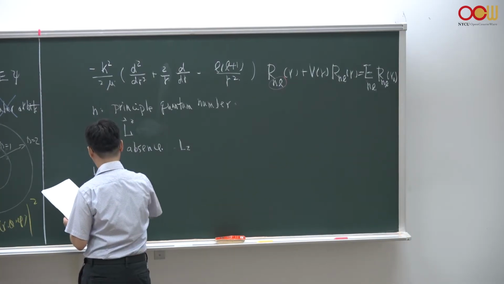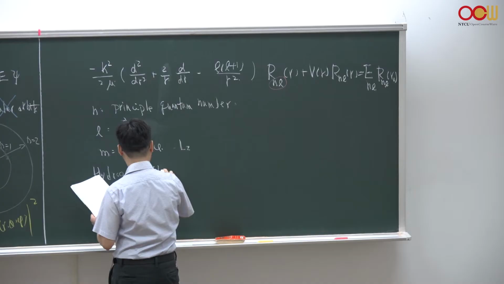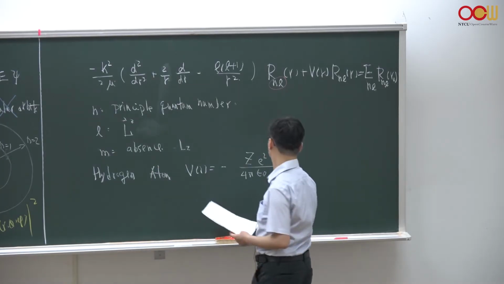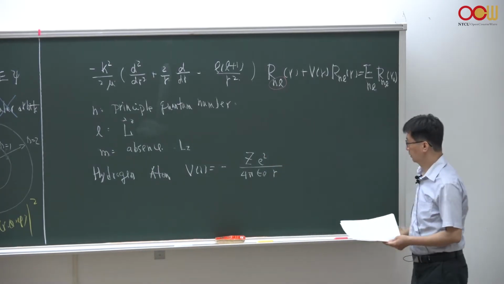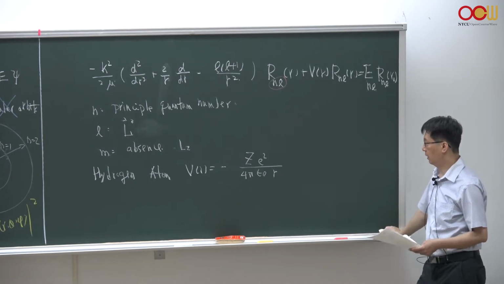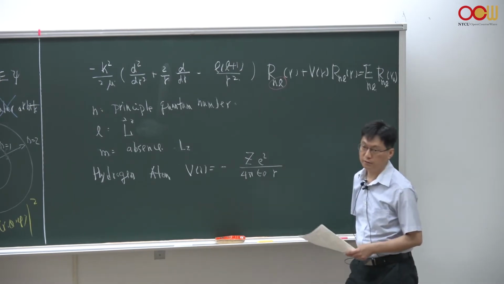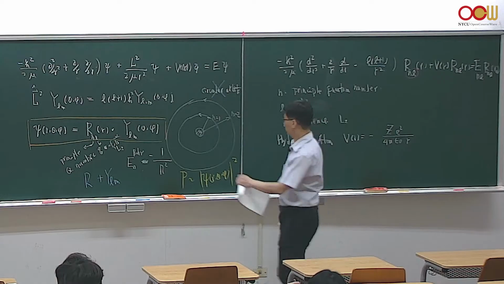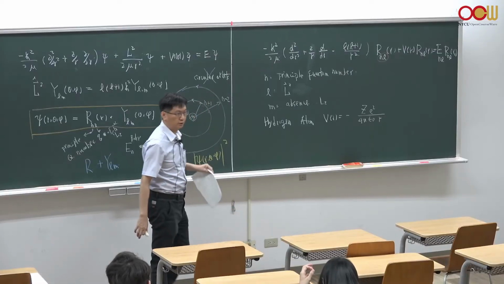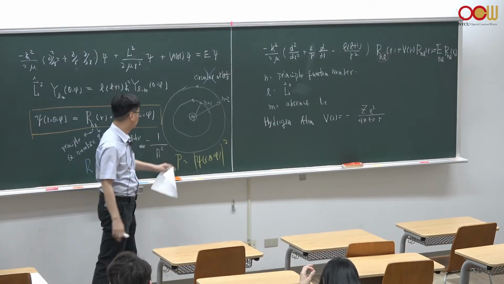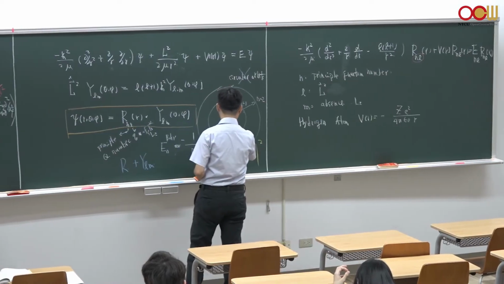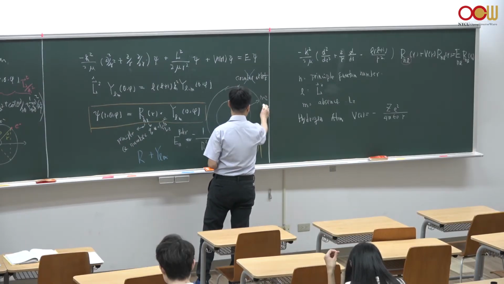Consider a Coulomb interaction with a potential in this form. There's a 1 over r potential with a minus sign, representing that this Coulomb force is actually attractive between the electron and the nucleus core. There's a proton and a neutron.